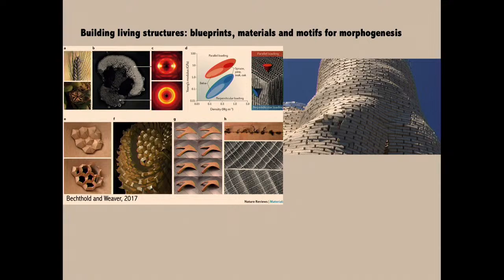So what I want to do is think about what the blueprints are for building living structures, what kinds of materials living structures are made of, and how the properties of those materials influence what shapes or functions or dynamics they take, and whether there are some common motifs that recur in different contexts in the acquisition of form.